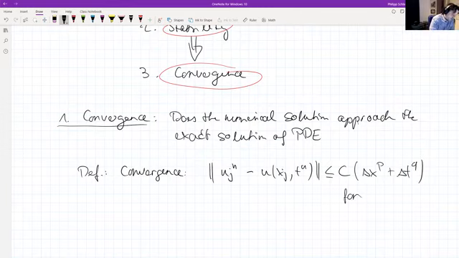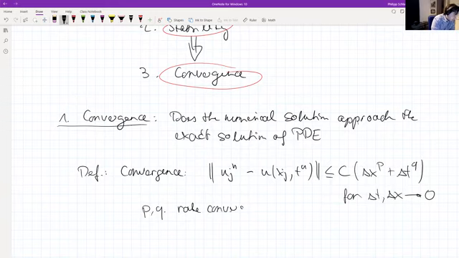And this convergence should hold if delta t and delta x go to 0. The constants C, p, and q are numbers larger than 0. P and q are actually called the rate of convergence. So you can have first order, second order, and so on.